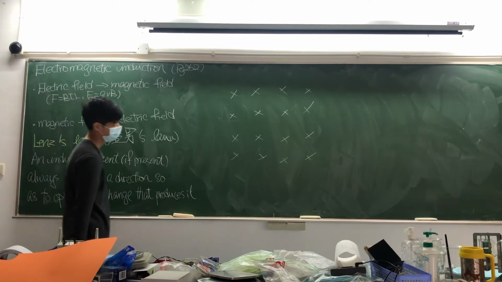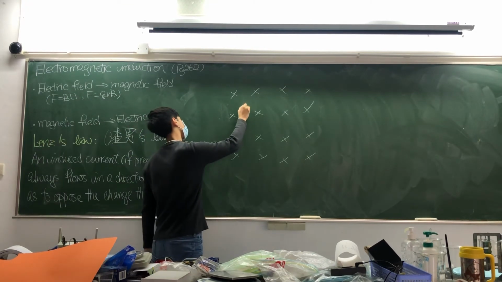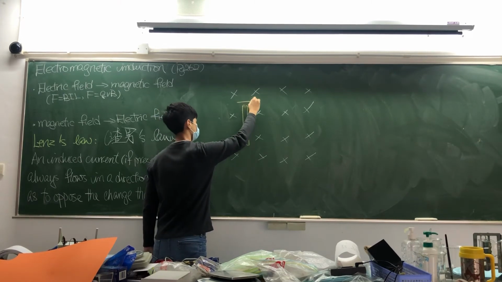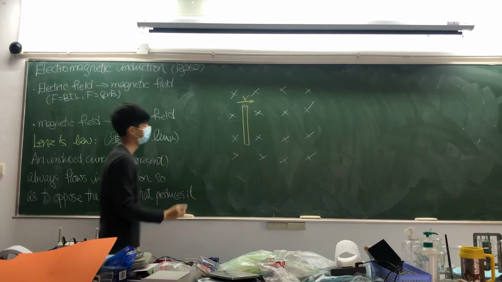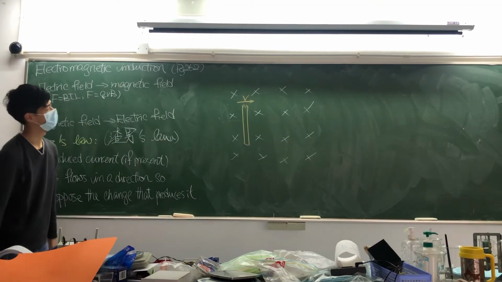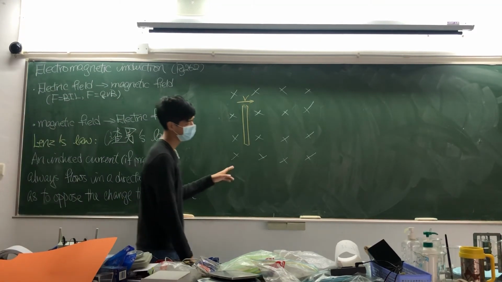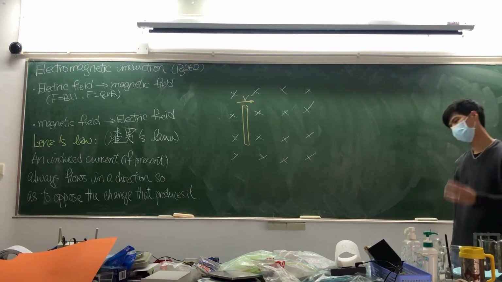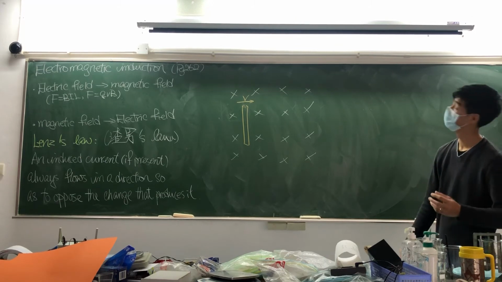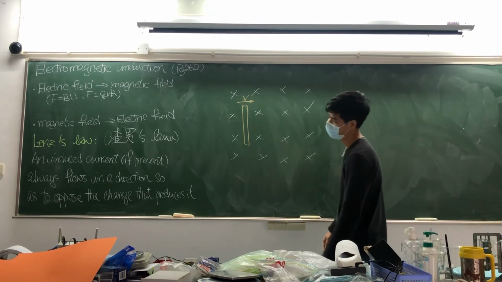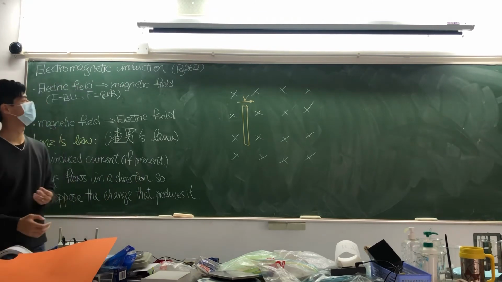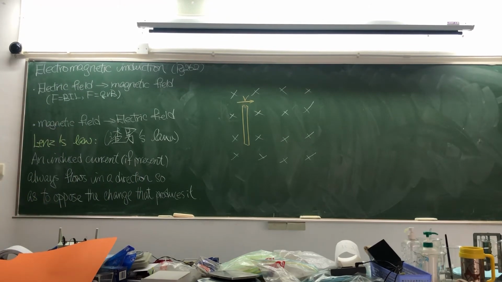If you have a single rod moving inside the magnetic field, will there be any induced current or induced voltage? In this case, there is no loop, right? So it seems that you can't apply the Lenz law.